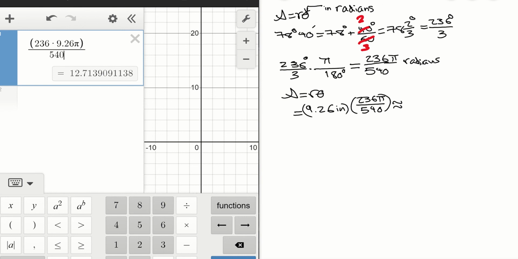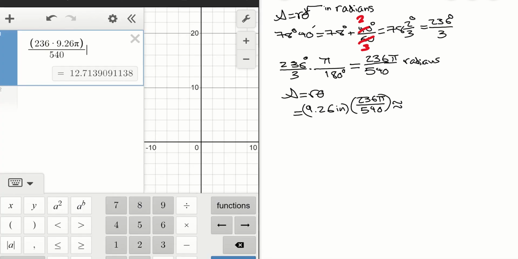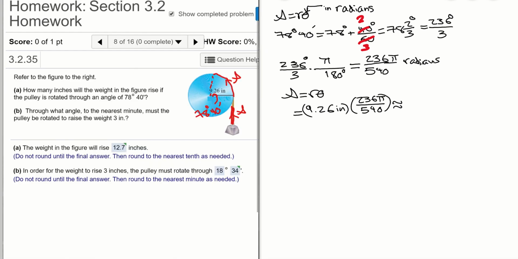So we get 12.71, etc. So we go back to the problem and see that they wanted it rounded to the nearest tenth. So to the nearest tenth, as you can see, just as we had in Desmos, it's around 12.7 inches. Okay, so that's where our first answer comes from.